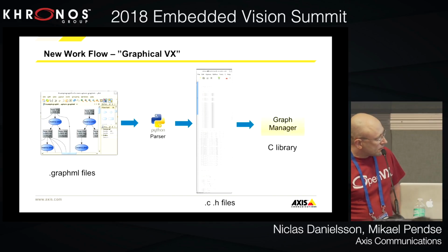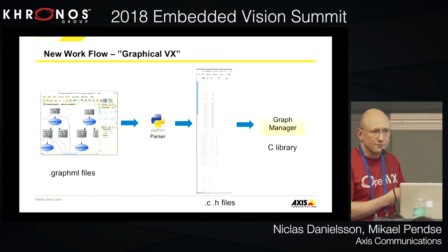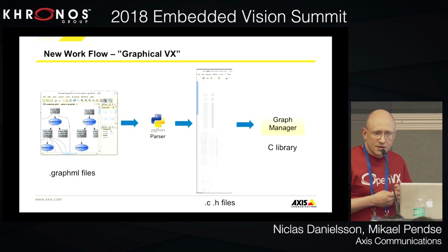And then, since this is our new internal format for how we want to describe the graphs, we also create a small C library. We called it the Graph Manager. And then we realized there is also a graph manager inside of OpenVX, so this is like a manager managing the other manager.